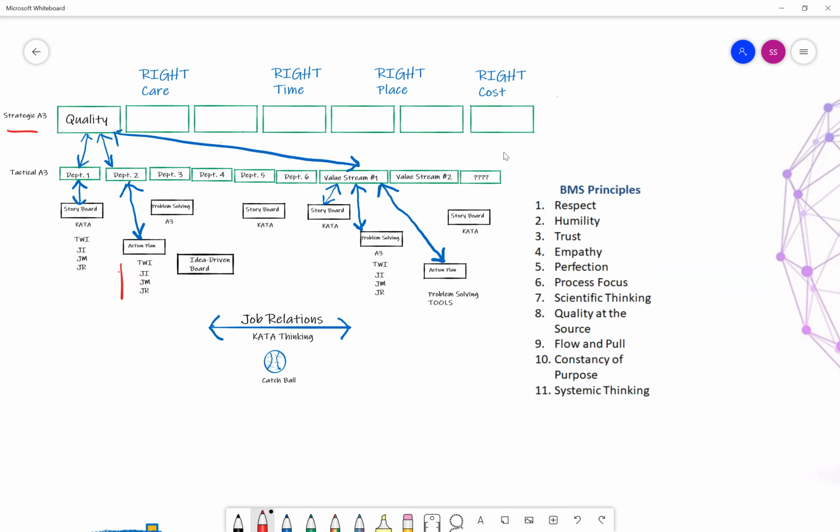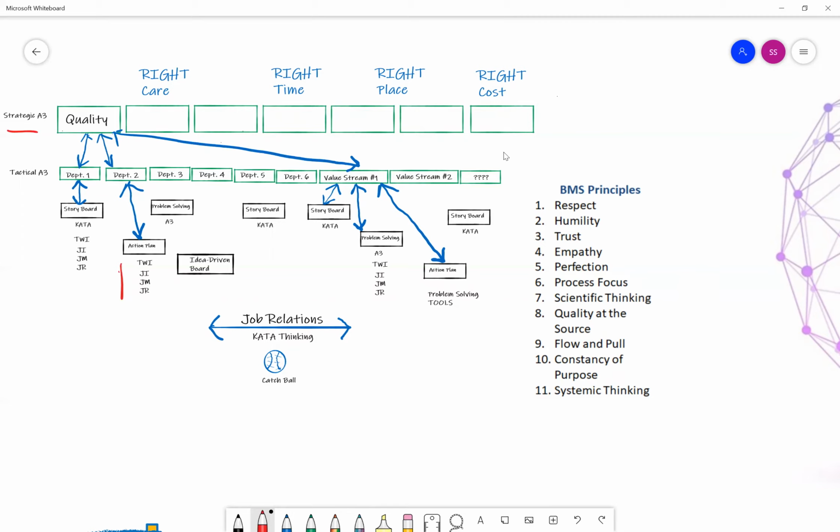See, it requires a completely different kind of leadership and foundation of mutual respect. Catchball is not a one-time activity, but it's part of both the development early on, and it lives throughout the A3's life throughout the fiscal year. It's a scrubbing process that helps management and employees understand what is real.